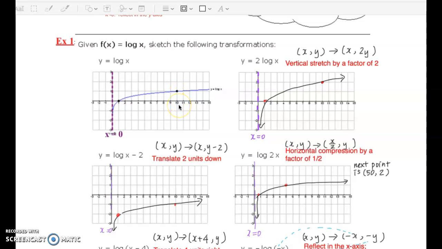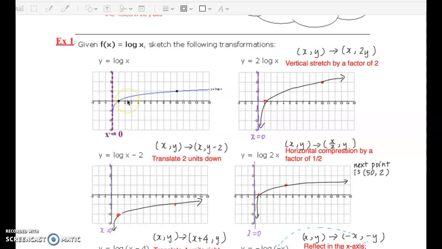Because log of 10 to the power of 1 base 10 will give me 1. Well, what's the next key point? The next key point, we will have to wait until 10 to the power of 2, which is 100. So that's why this graph is increasing very slowly, because your graph only goes up to 15. So this graph, if you continue to extend it, will reach 2 when x is equal to 100, okay?